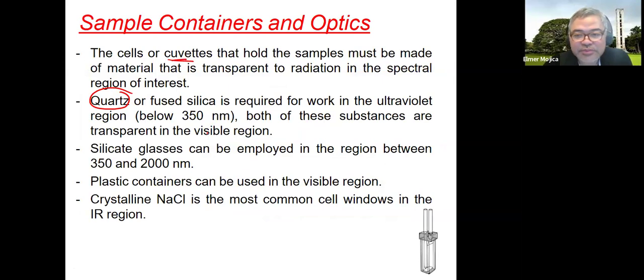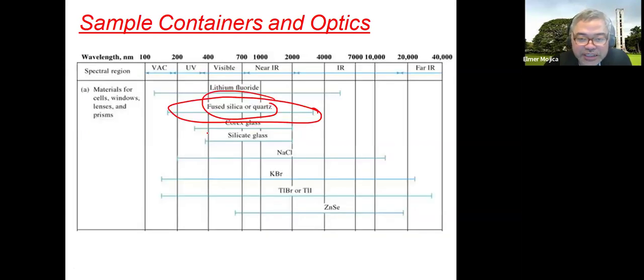And then in the visible region, you have what we call the plastic container. It's not included here, but in the visible, the colored region, that's where you're going to use it.